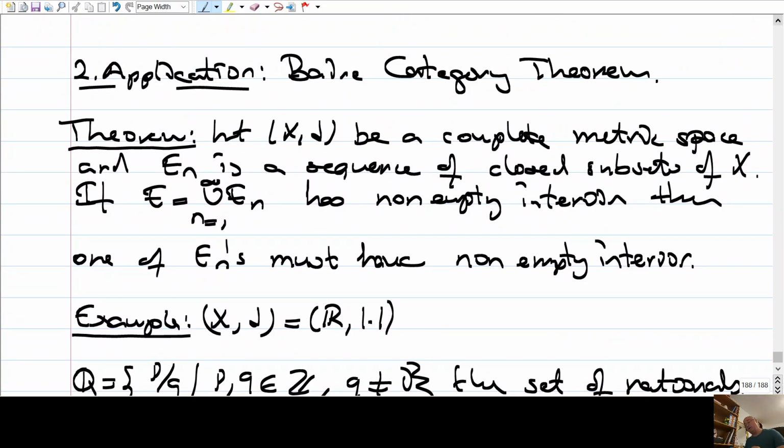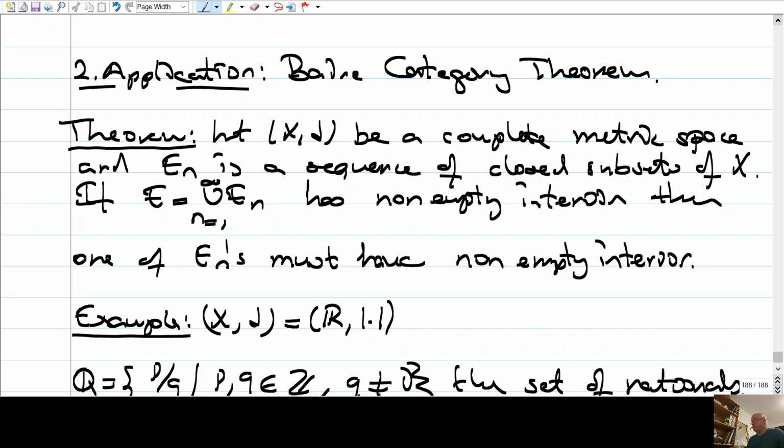The Baire category theorem. I think I'll prove it on Tuesday. I can finish the proof on Tuesday, and on Thursday I'll talk about another application.